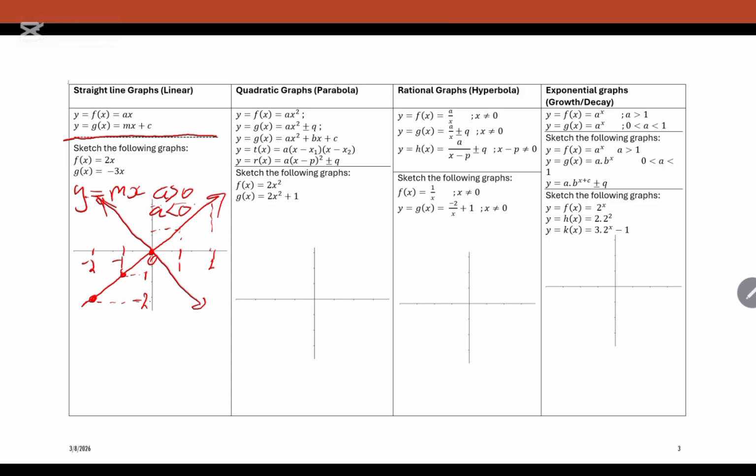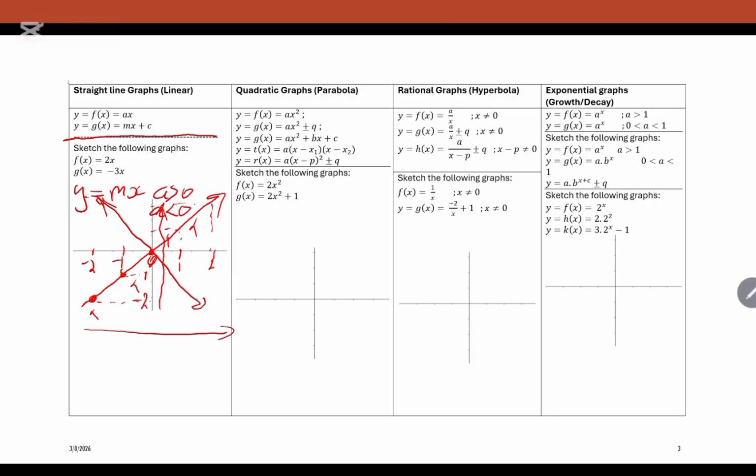Now, if I am moving from -1 all the way to +2 in the horizontal direction, the values of x are increasing. What is happening to the values of y as I move along that line? The values of y are also increasing. The first value of y we had was -2, followed by -1, followed by 0, followed by 1, followed by 2. These values are increasing. So we say when the values of x increase and the function values increase, that function is an increasing function.